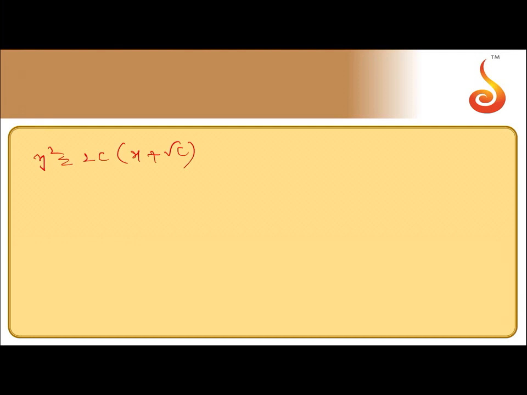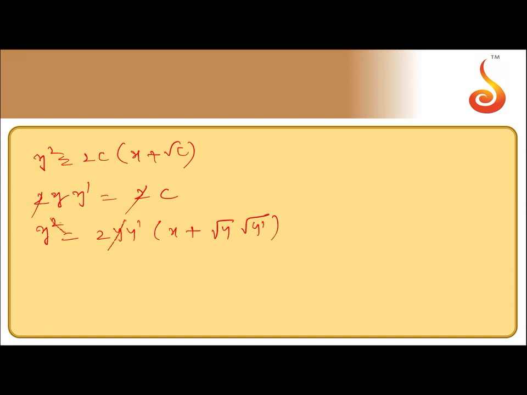You could define the derivative here. You will be getting 2y y dash is equal to 2c, and therefore c is equal to y dash. By eliminating it, y square is equal to 2y y dash multiplied by x plus root y into root y dash.